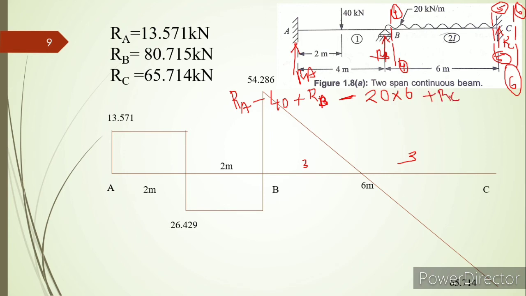RC is equal to plus 65.714. Then by substituting the values of RA, RB, RC, we get the shear force at C equal to 0. Then join all these lines and mark all the points. So this is the shear force diagram of this problem.